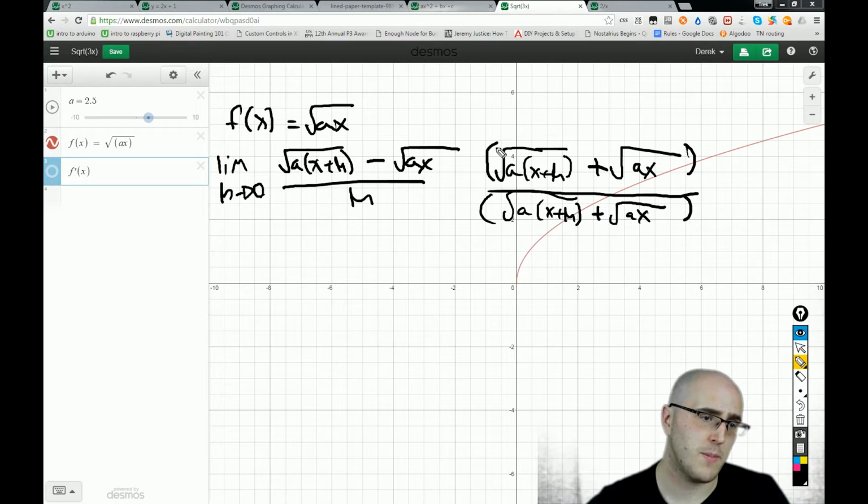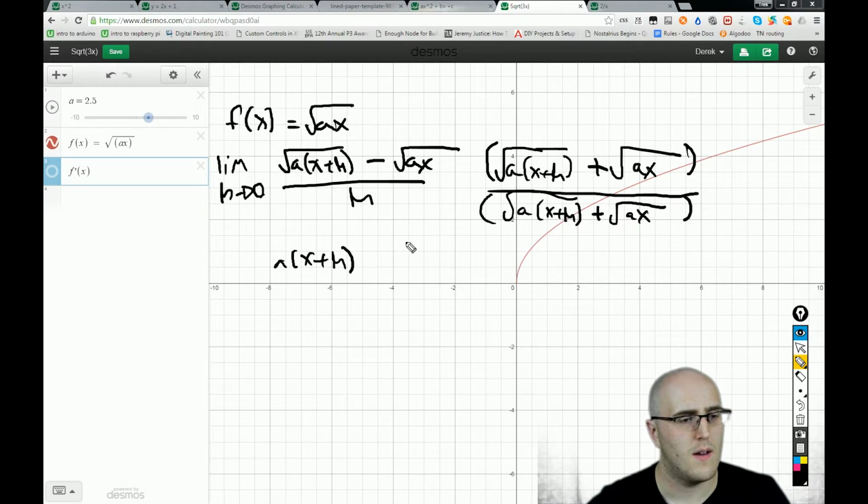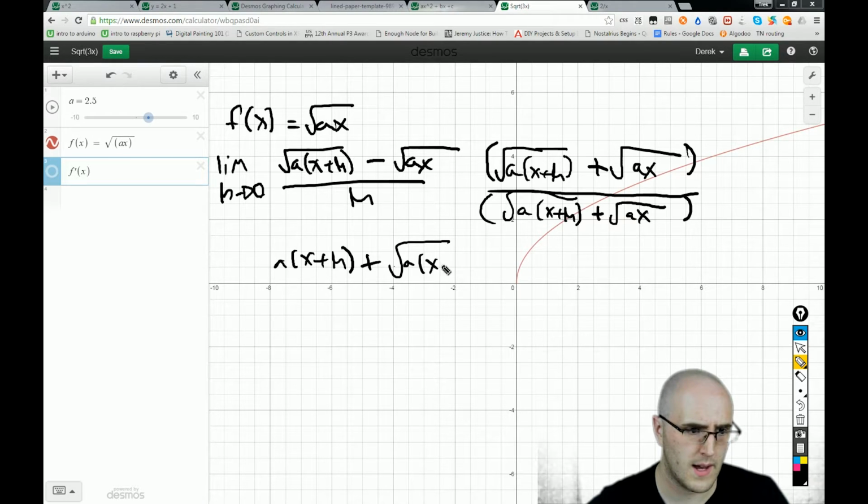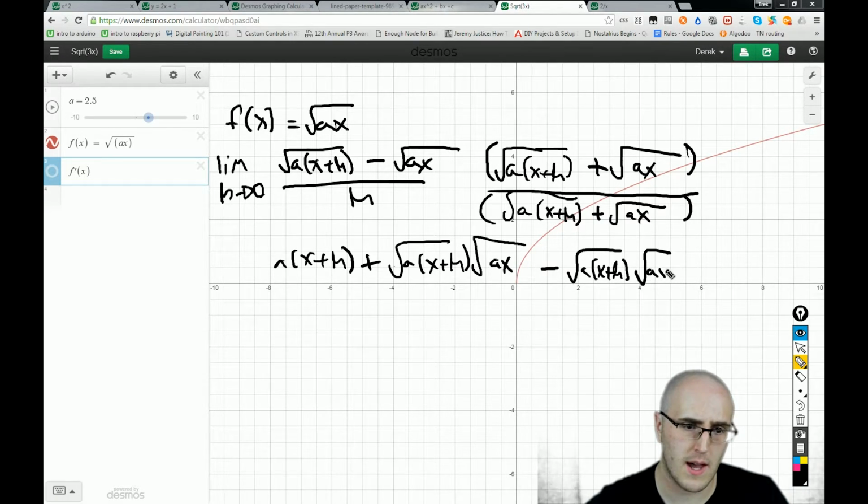And what happens when we multiply the top is we get a(x plus h), plus the square root of a(x plus h) times the square root of ax, minus the square root of a(x plus h) times the square root of ax, minus ax.